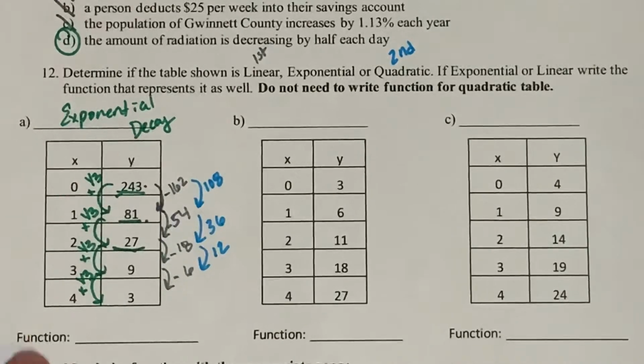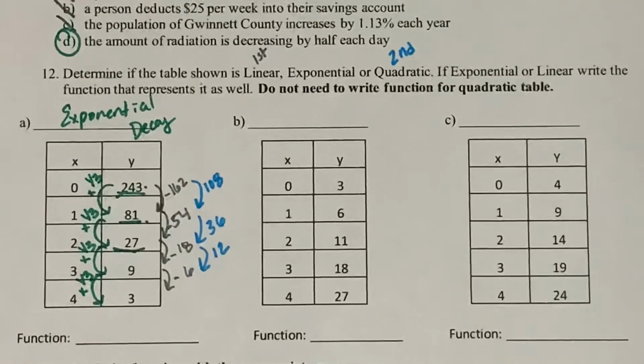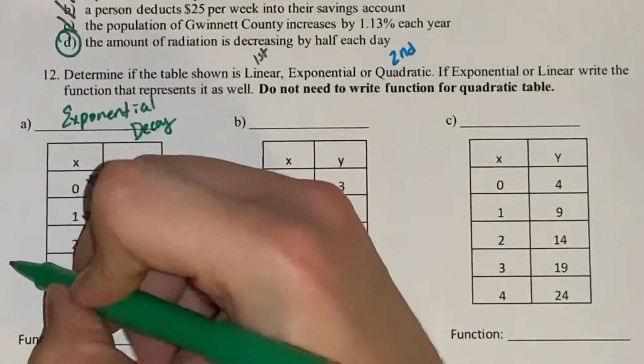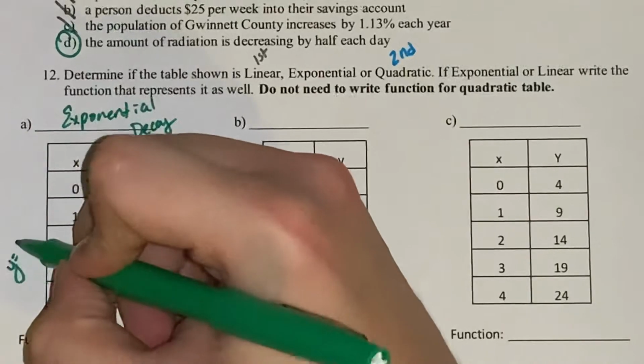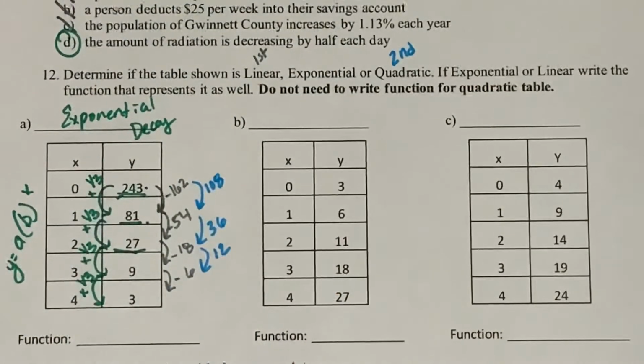Next, we want to write a function for this exponential table. So remember that the standard form of an exponential is y equals a times b raised to x.